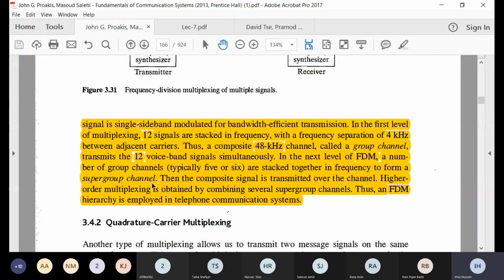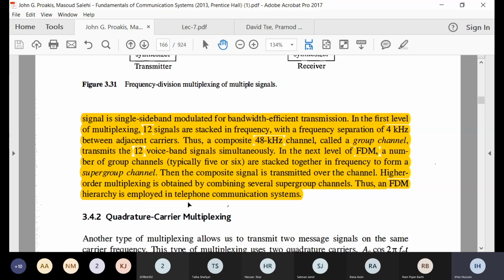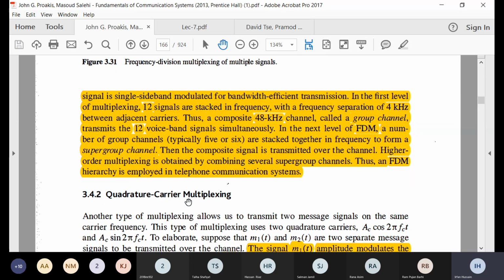Let us say you have a very large channel and you are sending the signal from one country to another, then a lot of signals from all over the country need to be stacked together. So you can have higher order multiplexing by combining several supergroup channels. This type of hierarchy is especially employed in telephone communication systems.